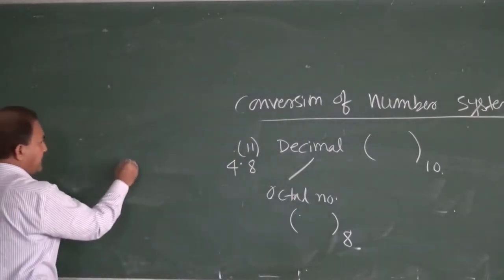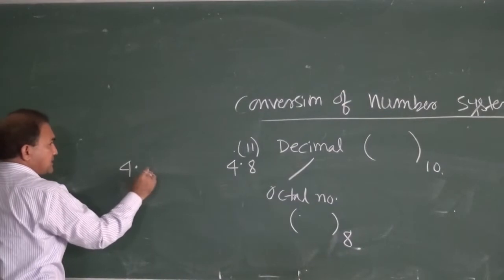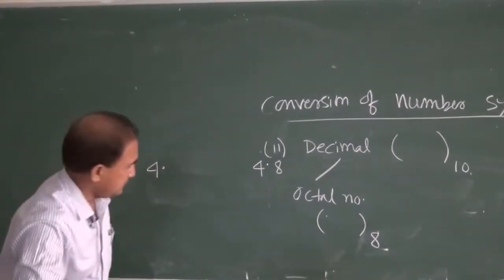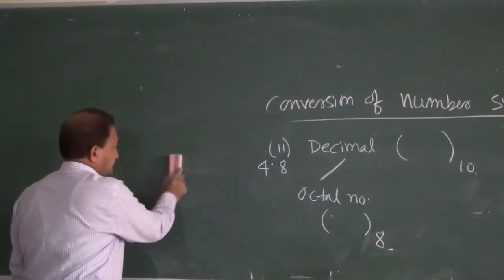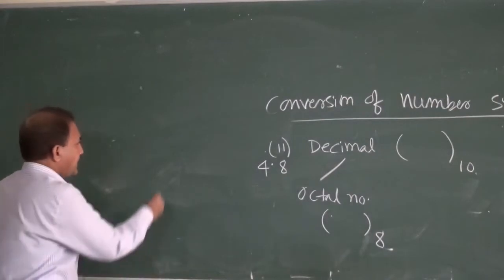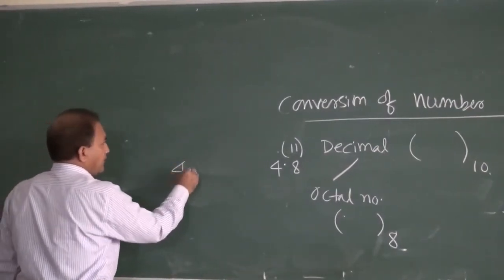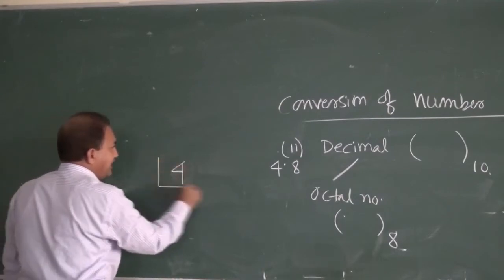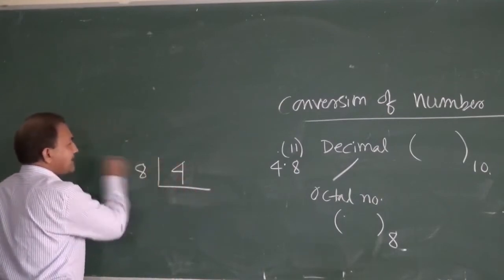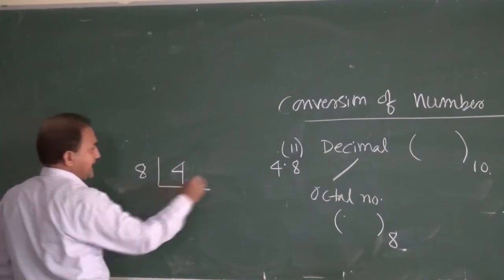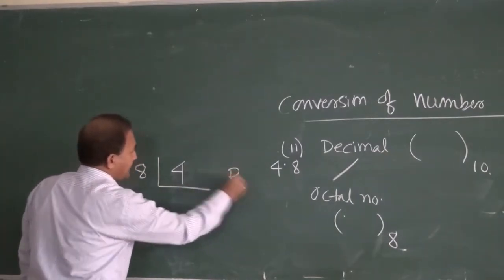The same process we will apply. First of all, you have to divide 4 by the base 8, and you have to see the remainder.